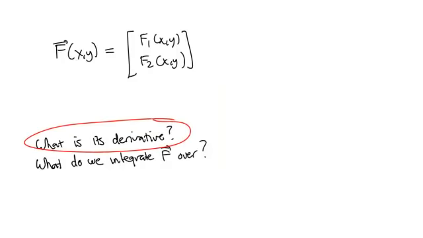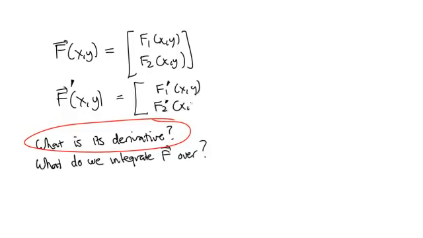What should the derivative of f be? Well, when it came to vector-valued functions, the quote-unquote derivative of a vector-valued function was done component-wise. So we took the derivative of the first component, and we took the derivative of the second component. That was how we handled vector-valued functions in some of the earlier topics.